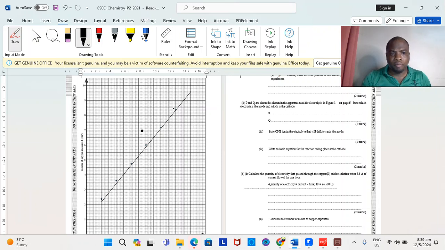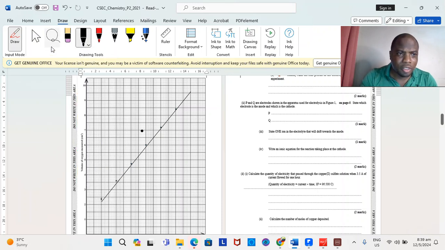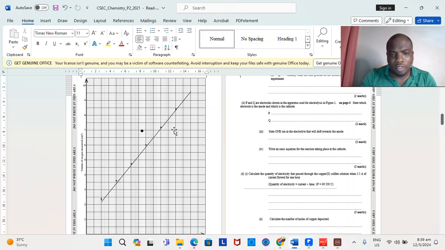All right, and it's a little bit out of line. I wouldn't be able to move because I stopped when I started this line, so it's not a full line in terms of going through the best, drawing the best fit.